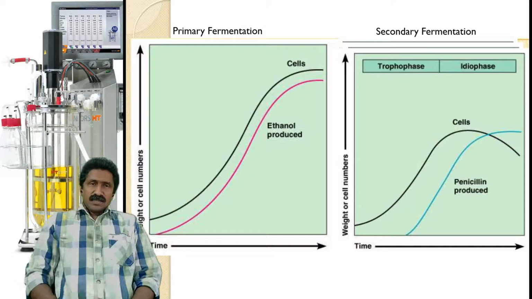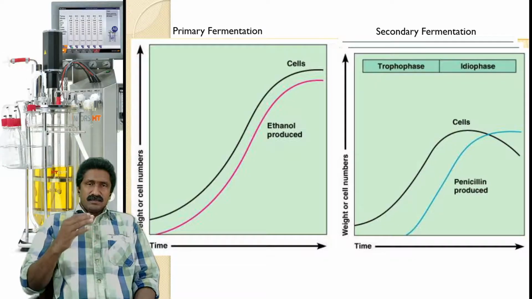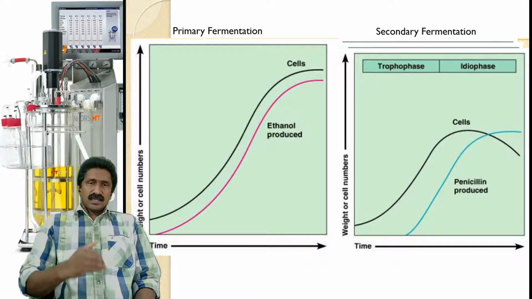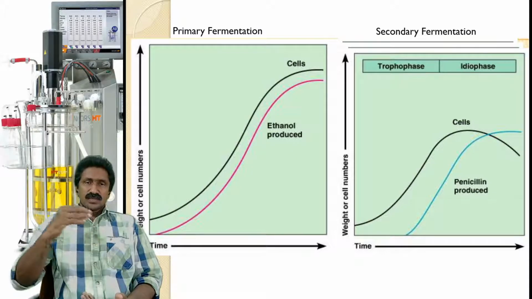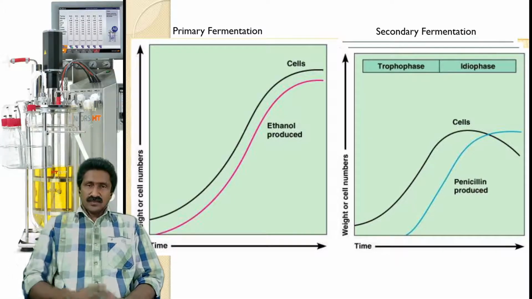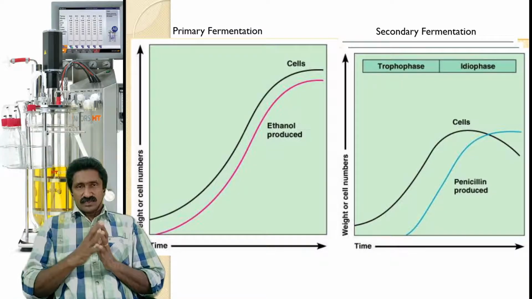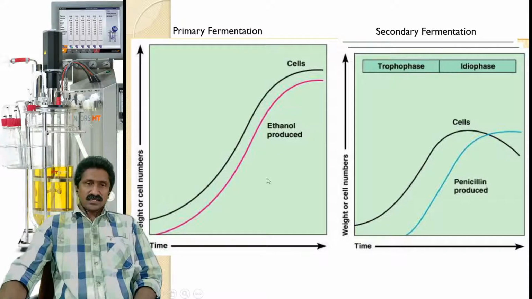So, as I explained, primary fermentation, or primary metabolite production, occurs during the log phase of growth, or trophophase of the growth. That means the increase in the biomass. From the first picture, you can see the weight or biomass increase, or cell number increase.